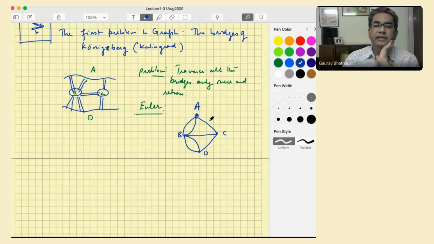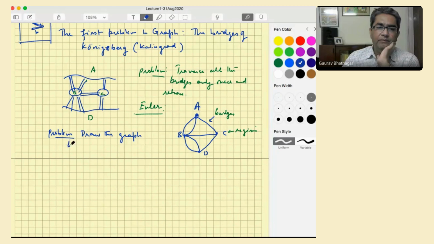So these are the bridges, and these are the regions. And the problem becomes that you have to go through this graph, you have to draw this graph. So the problem is now: draw this graph.